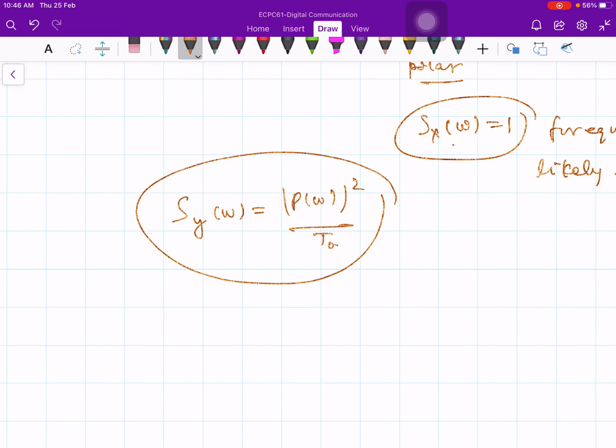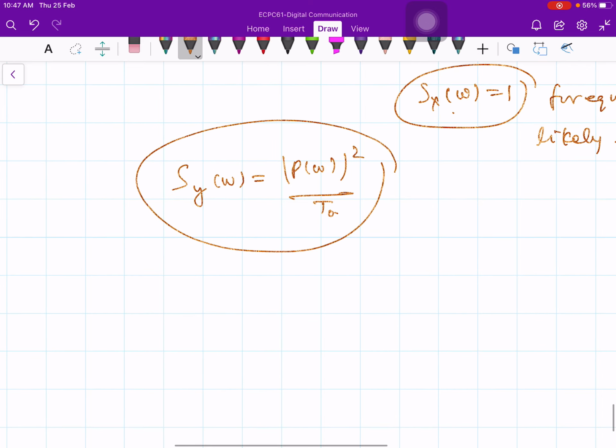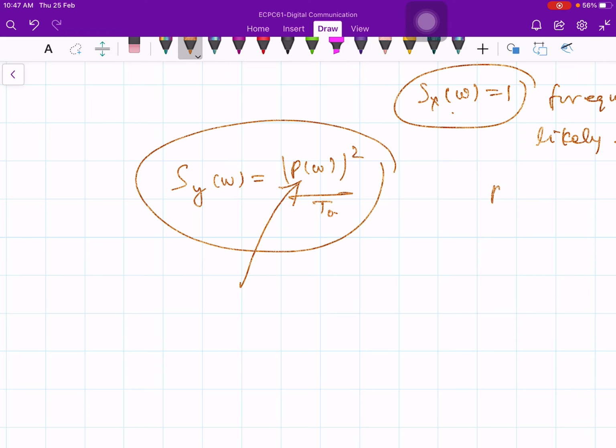Now let us find out the P of omega. This is different from your polar scheme because the P of omega is different here. For the polar signal you will get, let us say, P1 of omega, and for Manchester signaling or split phase signaling you will get, let us say, P2 of omega.